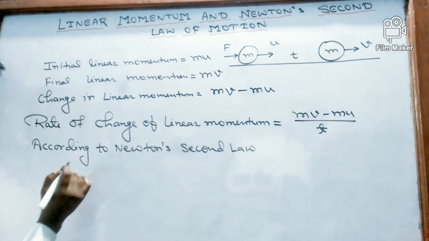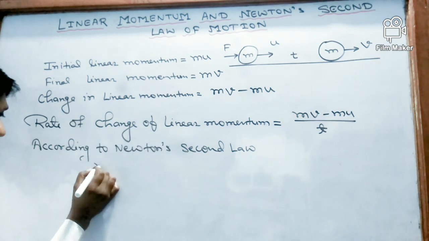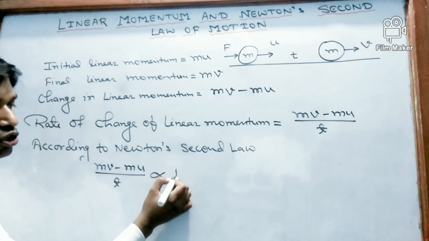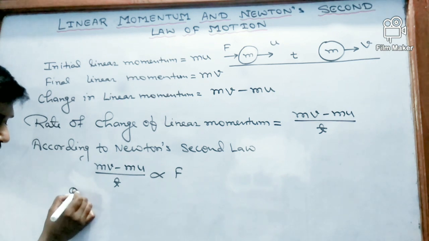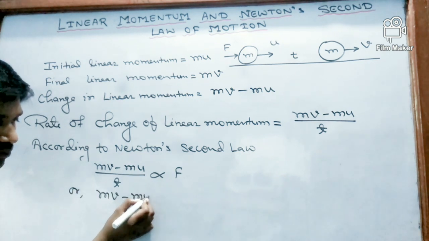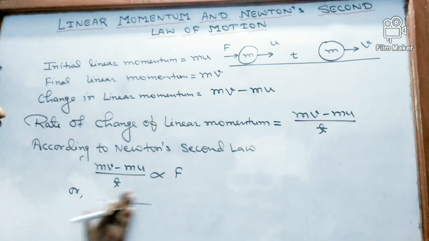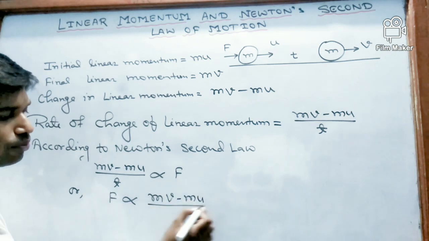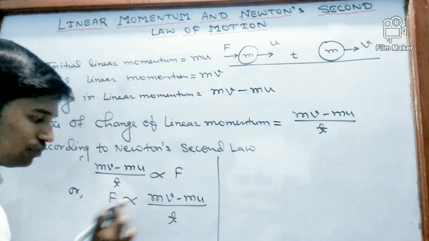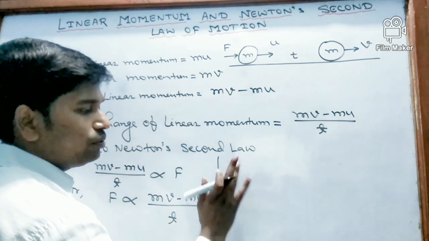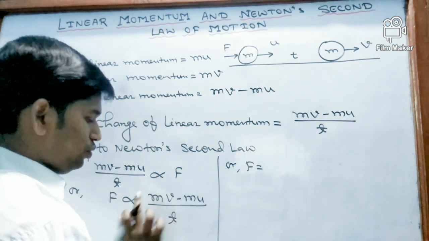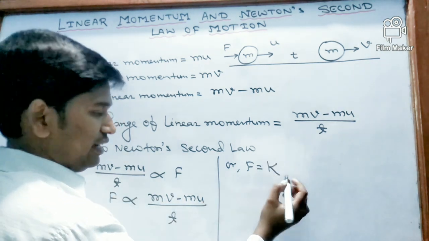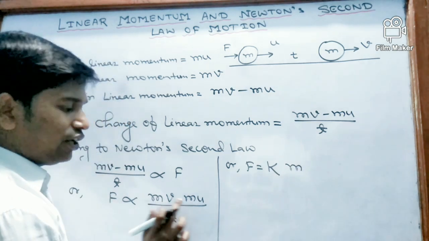Now, according to Newton's second law, as it is said, rate of change of linear momentum is directly proportional to the force applied, so we can write F is directly proportional to (mv minus mu) by t, or F is equal to, so I remove this proportionality symbol and use a constant k for that. m we can take common from here.